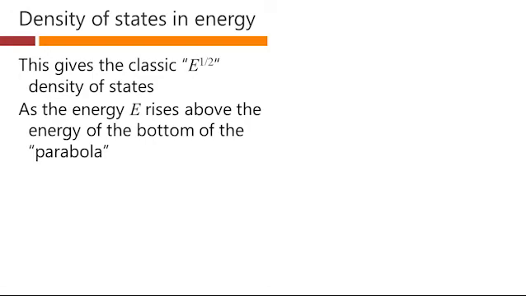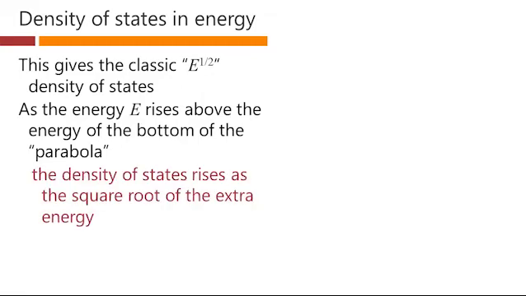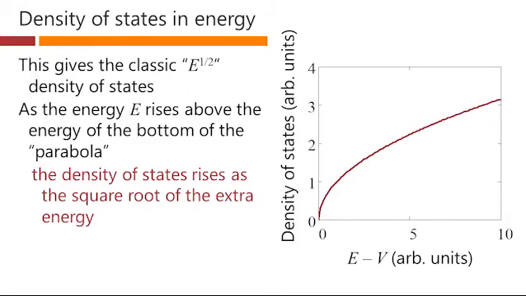As the energy E rises above the energy of the bottom of the band, that is, of the bottom of the parabola, the density of states rises as the square root of the extra energy. So, as we've shown here, starting from the bottom of the band and going up to higher energies, the density of states grows as the square root of this extra energy.